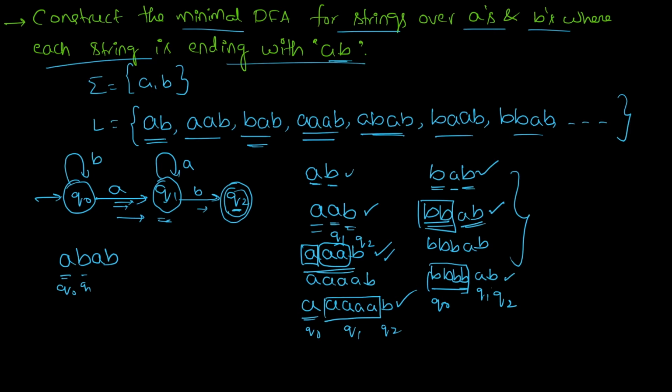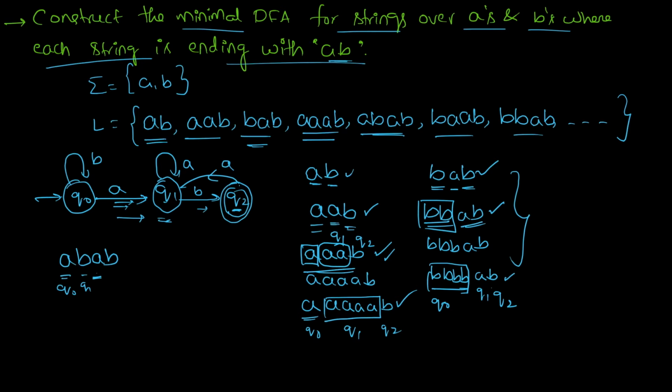From Q2, if I see an A, I should go to that state from where I will have AB as my end of the string. So from Q2, if I see an A, I should go to Q1.